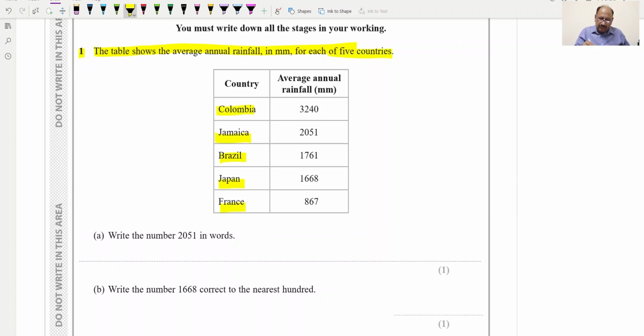These are 5 countries. Part A: write the number 2051 in words. So we will write two thousand, fifty-one.